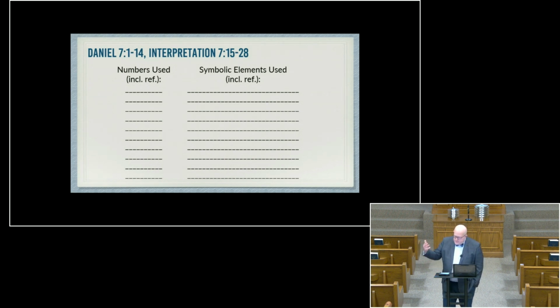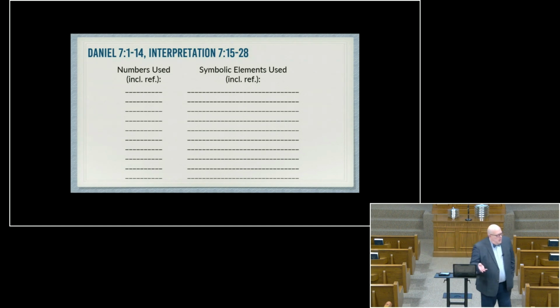What's the next beast after the bear? It's a leopard. How is that leopard described? Four wings, four heads. So it's earthly. Compare a leopard to a bear. It's fast.